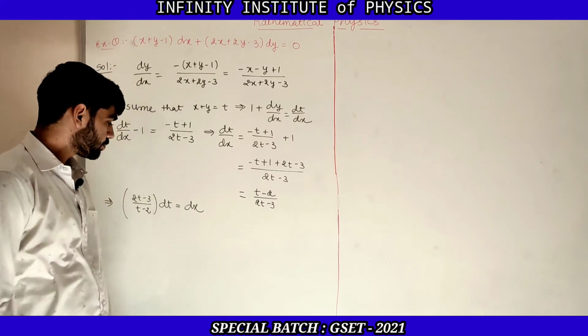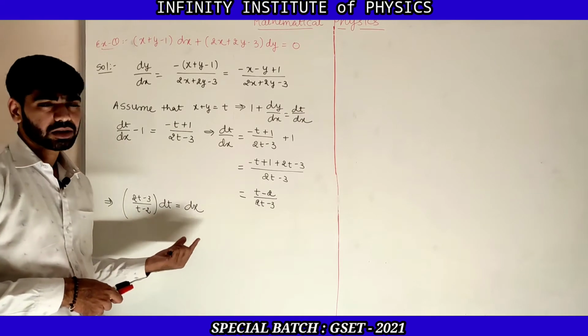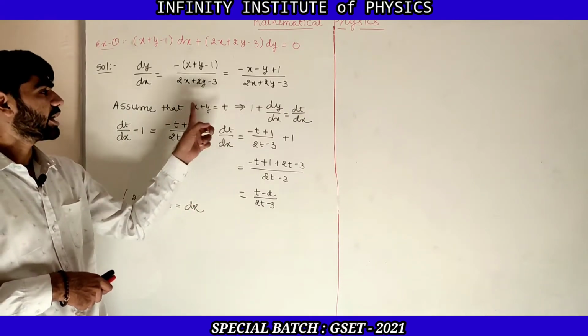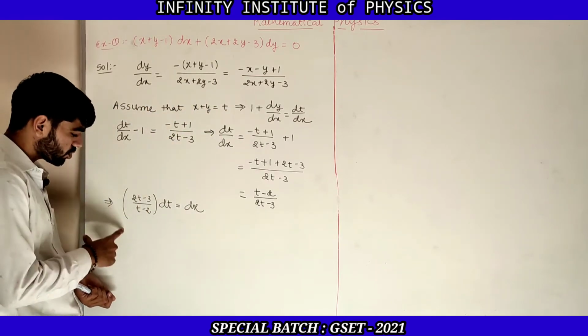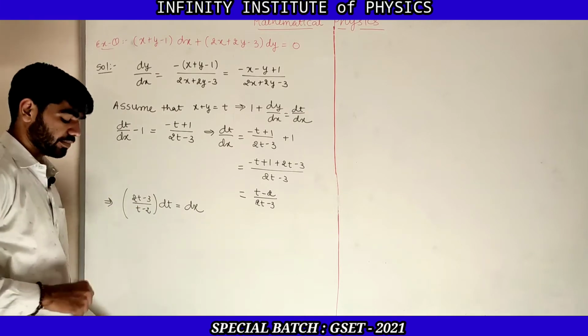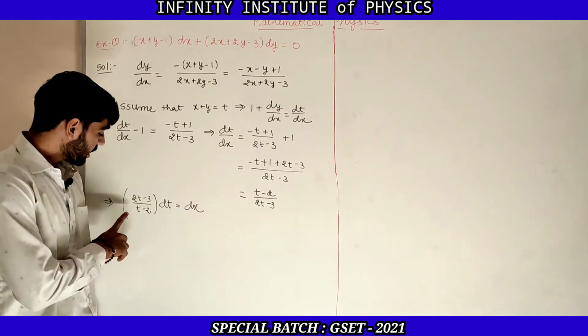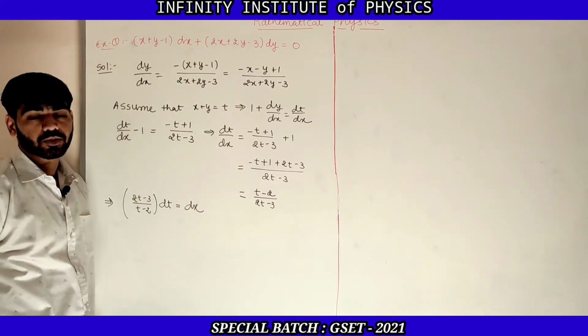So now we need to do the integration directly to find the solution in terms of t and x, and after that you need to put x plus y in place of t. So now the question is how to solve this integration. If we integrate with respect to t directly, what will be the integration of 2t minus 3 upon t minus 2?